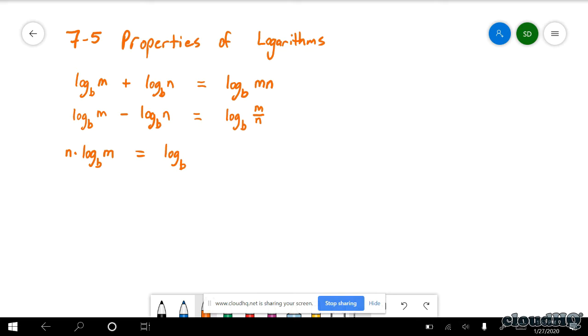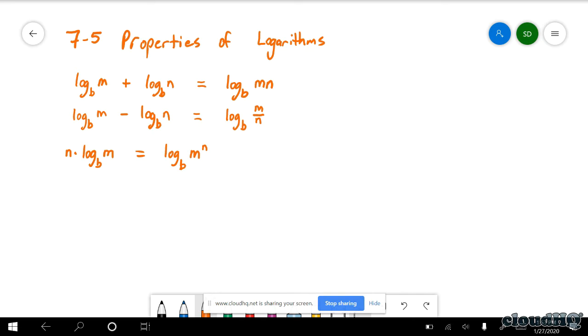What we'll do is that n becomes an exponent on the m. So it'll be m to the power of n. All right, so those are our three properties.